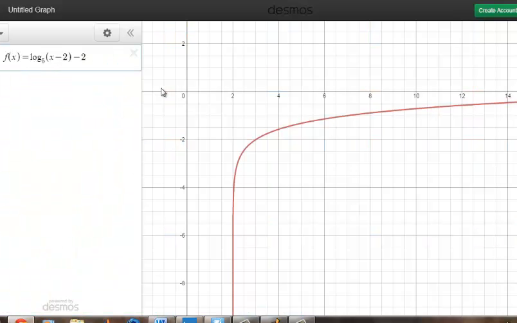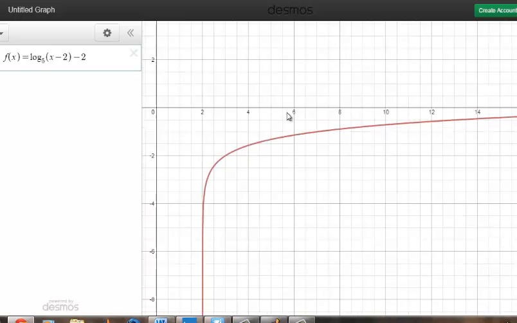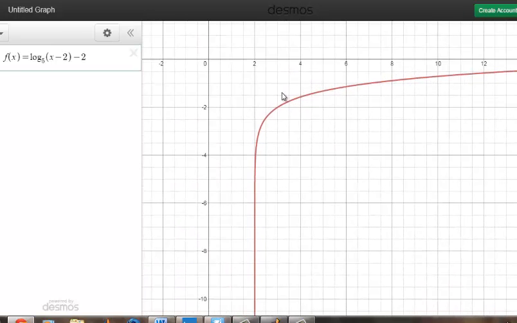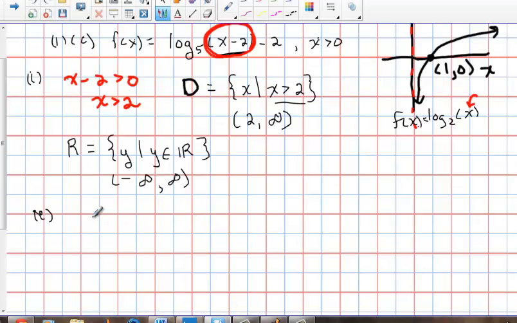I use Desmos. You can see that there is a vertical asymptote, and it is at x equals 2. And there is no horizontal asymptote.